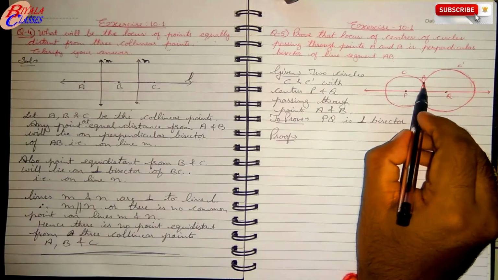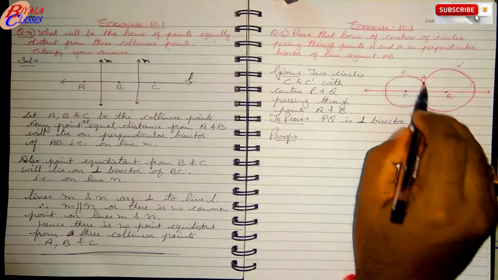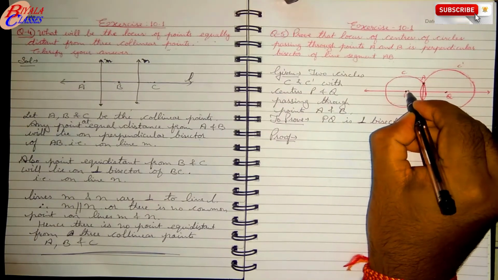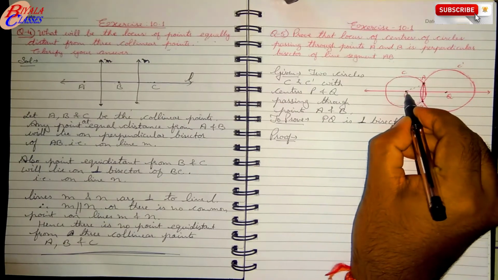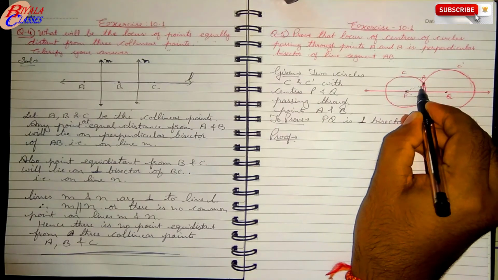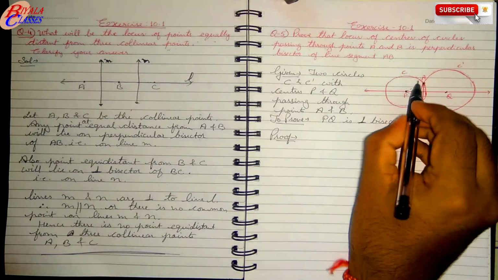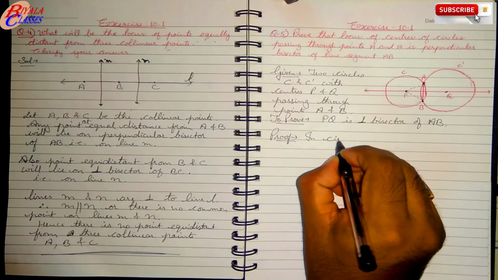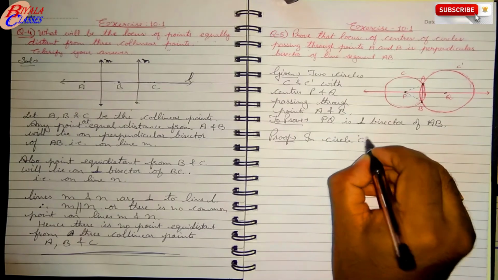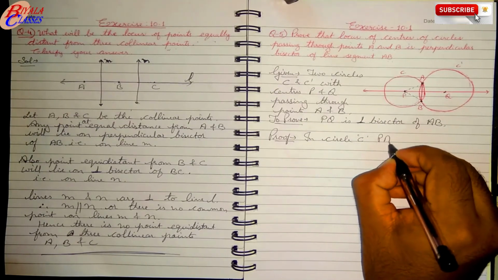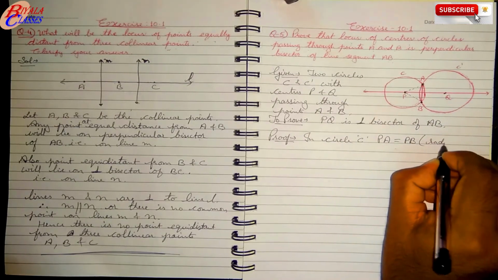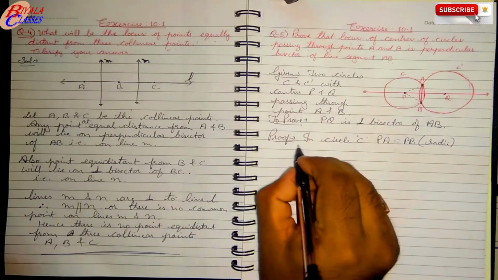you can see here that if you take the first circle C, in this circle P is the center, then PA and PB, they both are equal, they are the radii. In circle C, PA is equal to PB, they both are the radii.